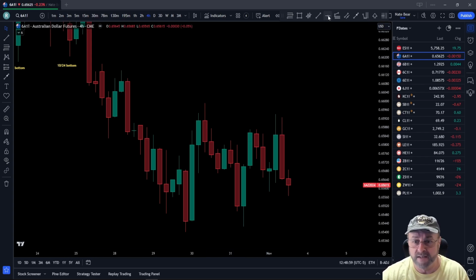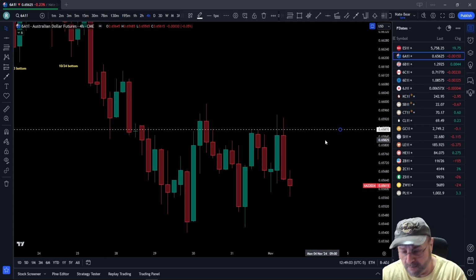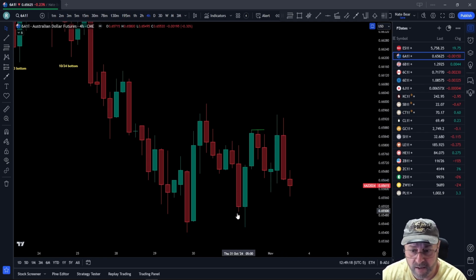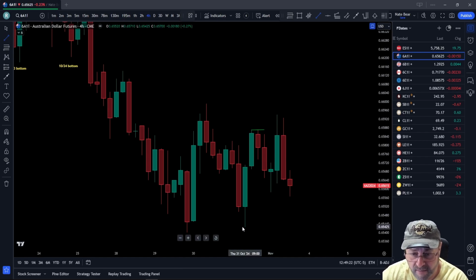Let me mark it. Okay, here's the high of the inside bar right there. And that's the low of the inside bar right there.